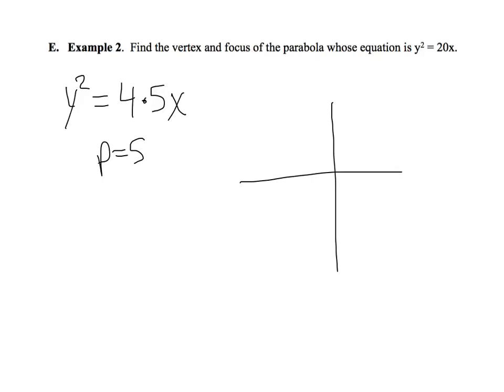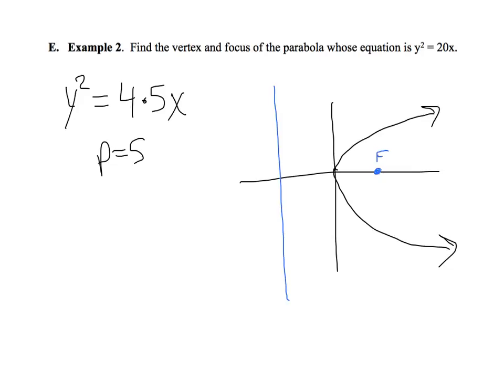So again, here's my coordinate plane. This time, it's going to open to the right, so something kind of like this. And because p is 5, that means I have to go 5 units to the right to find my focus. And I'm going to go 5 units to the left to find my directrix.